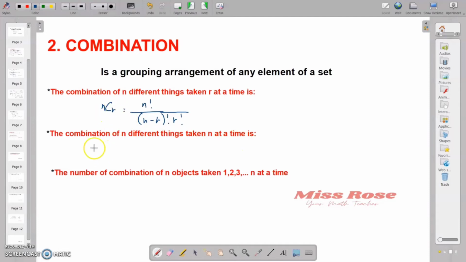The formula is nCn equals n factorial over n minus n factorial, which equals 1. Next is the number of combinations of n objects taking 1, 2, 3, and so on, n at a time. The formula is nCn equals nC1 plus nC2 plus nC3, and so on, plus nCn.